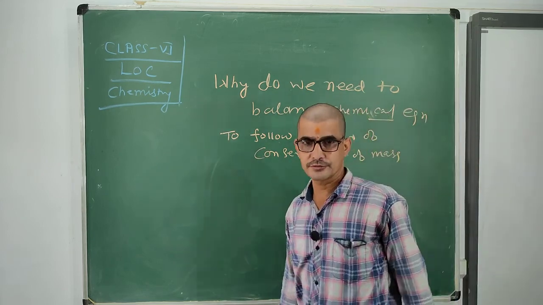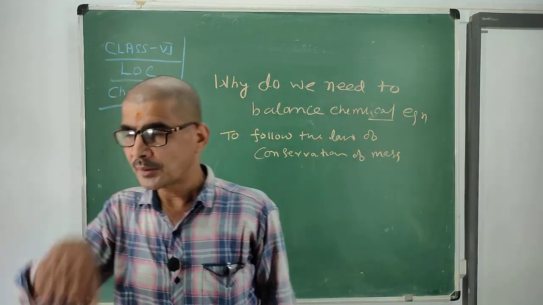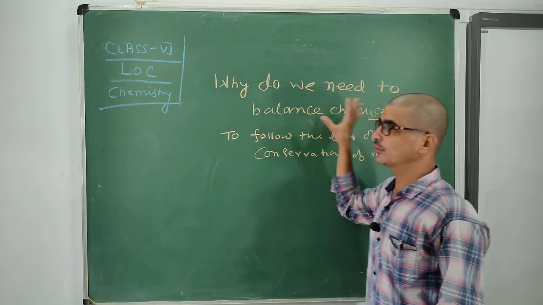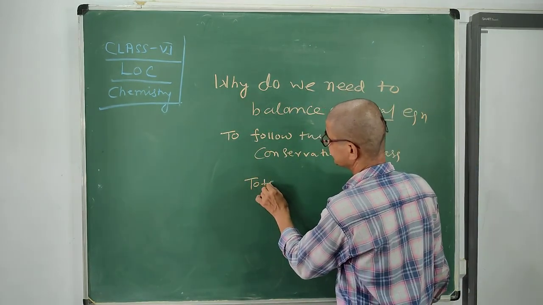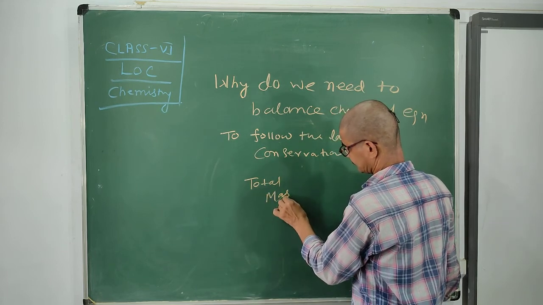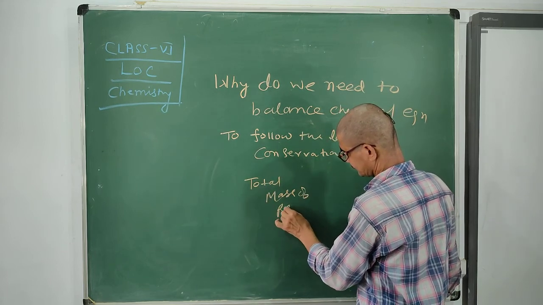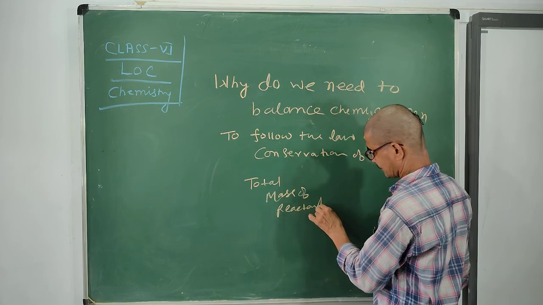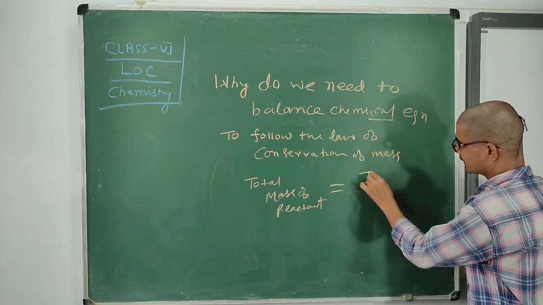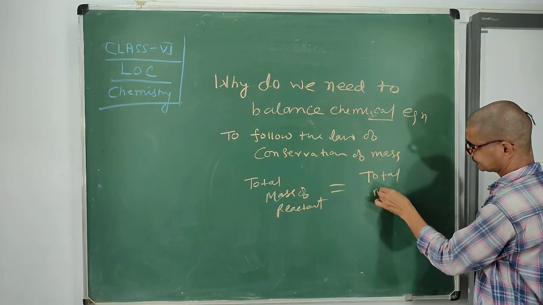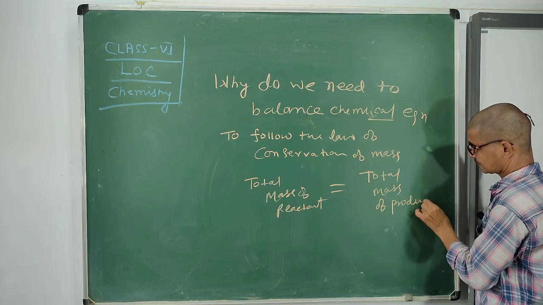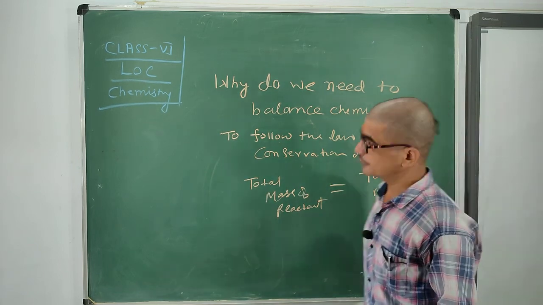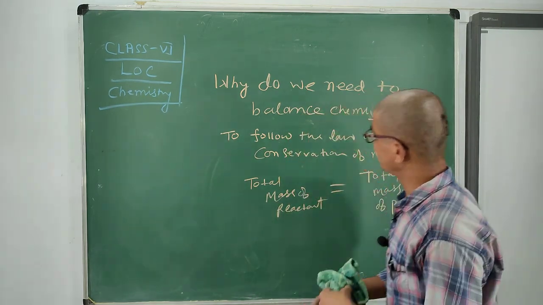According to the law of conservation of mass, the mass of the reactant is equal to the mass of the product. The total mass of the reactant is equal to the total mass of the product. So that's why we need to balance a chemical equation.